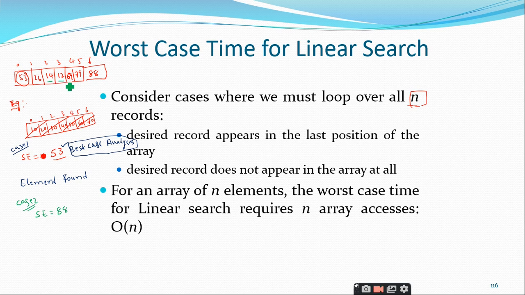Go for the next element, 88 compared with 12, not equal. 88 compared with 69, not equal. 79 compared with 88, not equal. And here you can find that 88 compared with 88, and you have found the element. So the message you will get here is element found. But this is the worst case analysis.